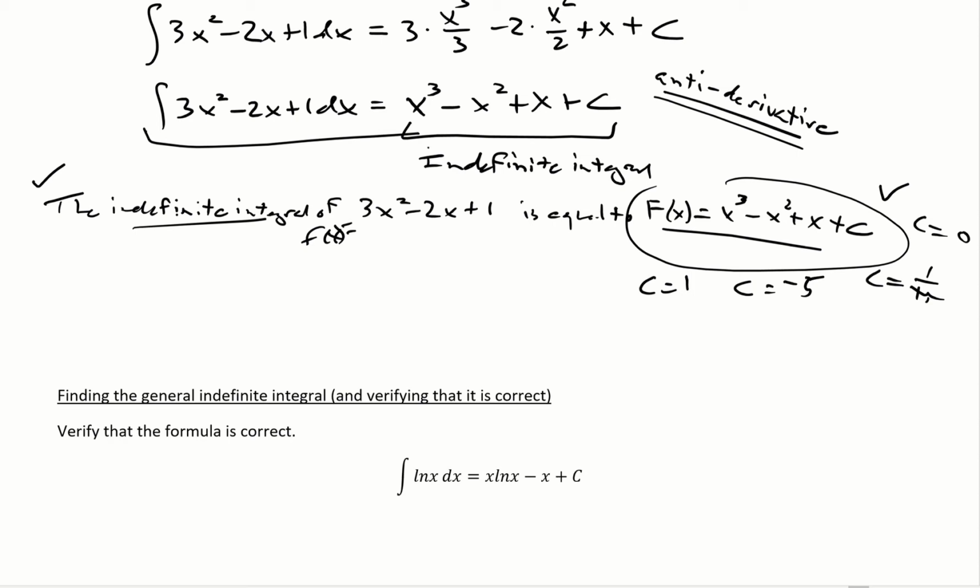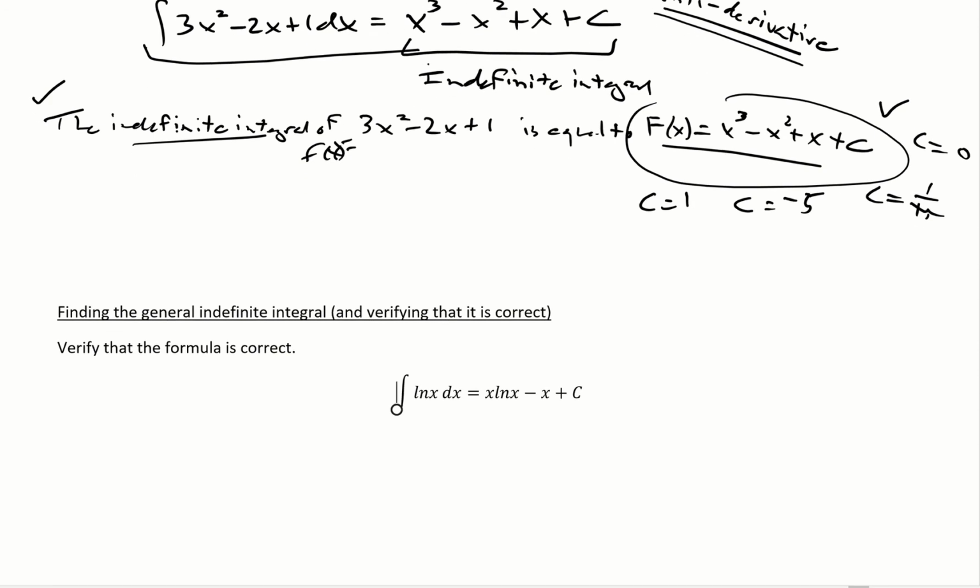Now, before we go on and finish this section, because I think we'll do this in one video, here's a little guy that says, verify if this formula is correct.